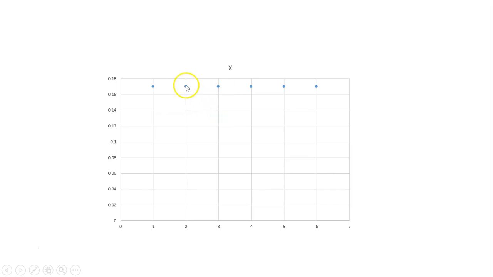I can get a 2 with a 0.17 probability, a 4 with 0.17 probability. Here X is the random variable. That means the random variable in this case is the die roll. Now I'm assuming it's a fair die. Okay. Let's move on.